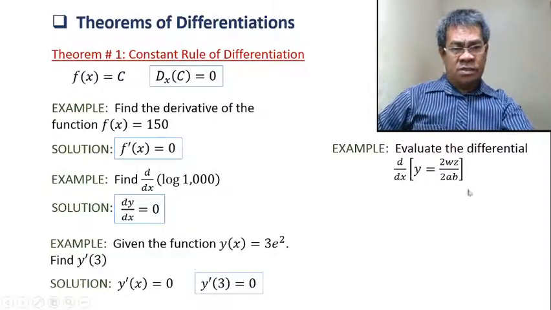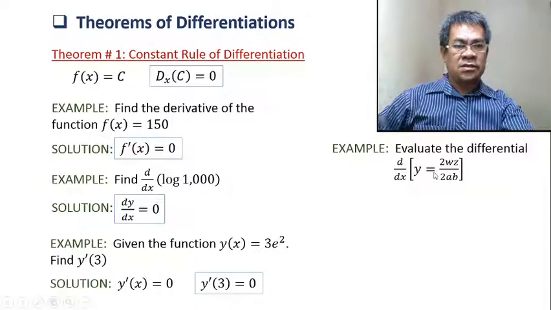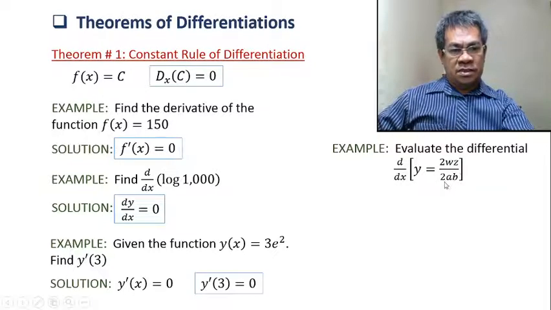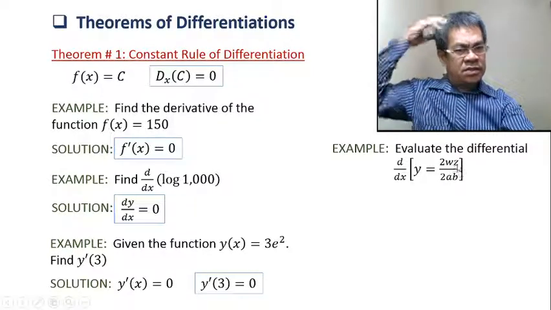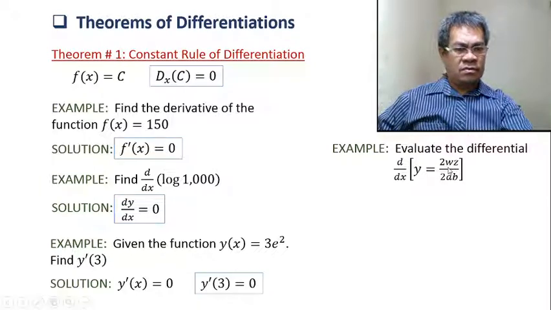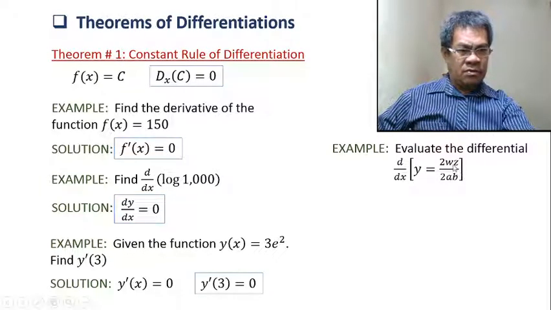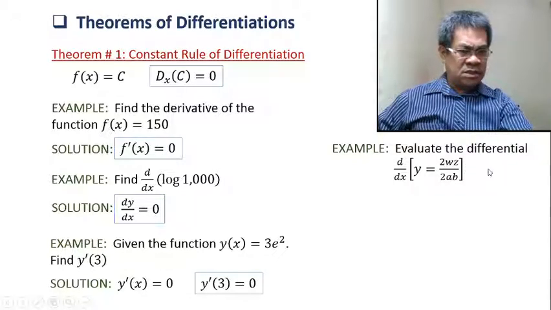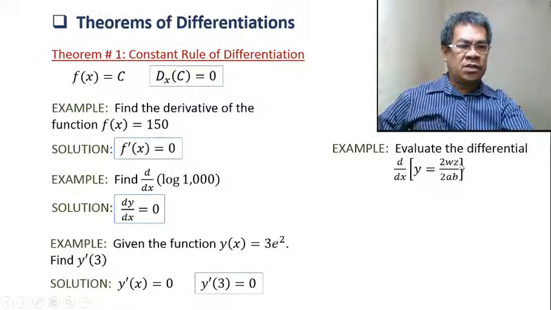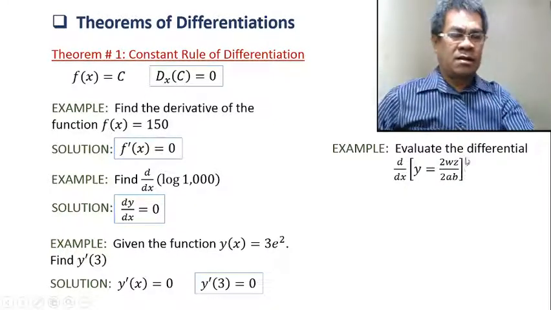Another example, look at this one. The function is y equal to 2wz divided by 2ab. Remember that our function is y, and our indicator is x. Since there's no x here, and there's no indication that these other variables are functions of x, it follows that they can be treated as constants.